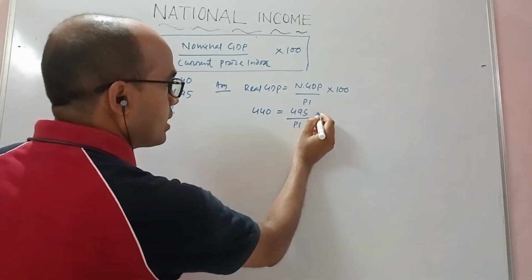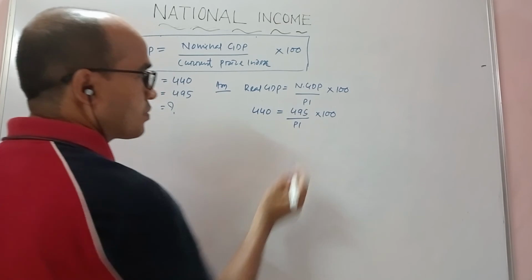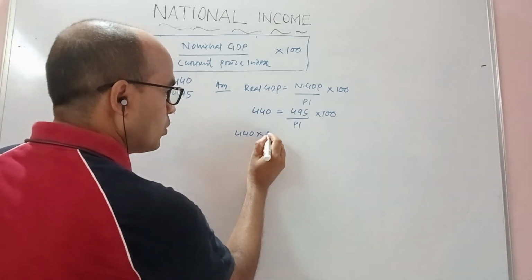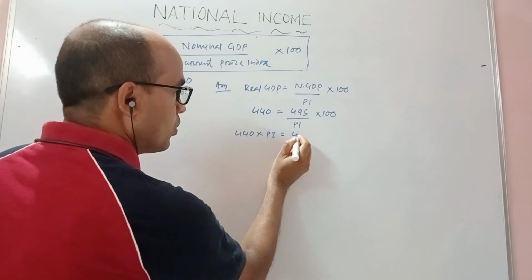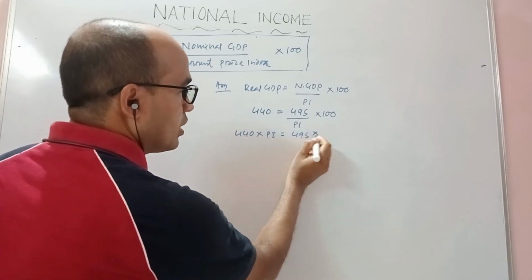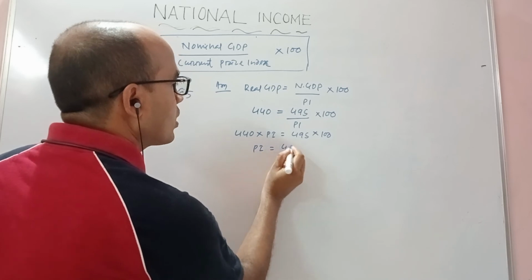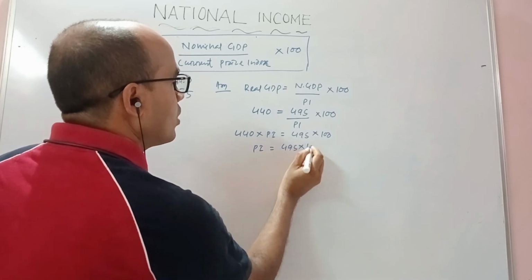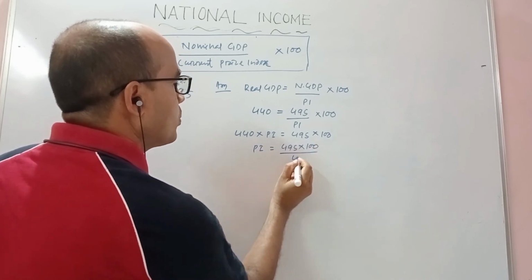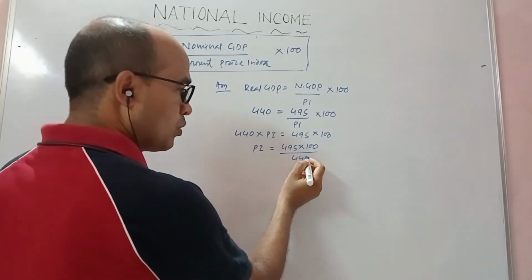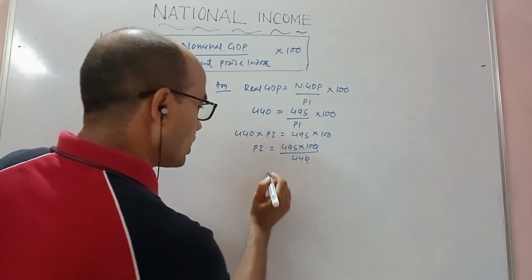It is price index into 100. Okay. So 440 into price index is equal to 495 into 100. So PI is equal to 495 into 100 by 440. Okay. So what you do? Now you cut this one. After that, how much you are getting?